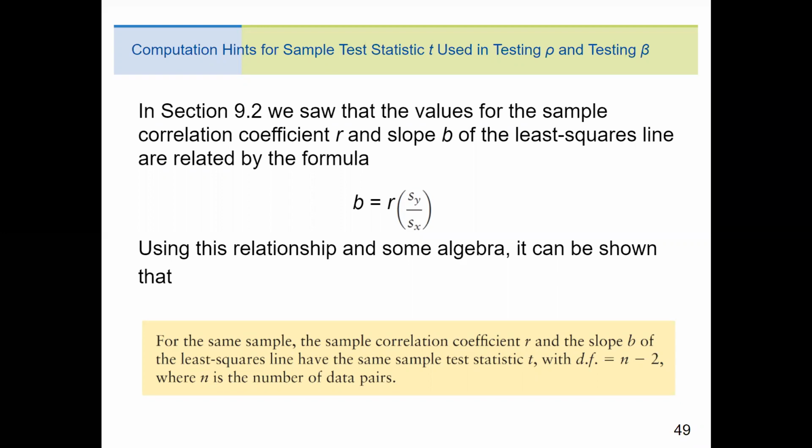Using this relationship and some algebra, it can be shown that for the same sample, the sample correlation coefficient r and the slope b of the least squares line have the same sample test statistic t with degrees of freedom n minus 2, where n is the number of pairs.